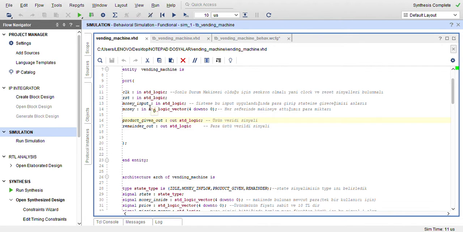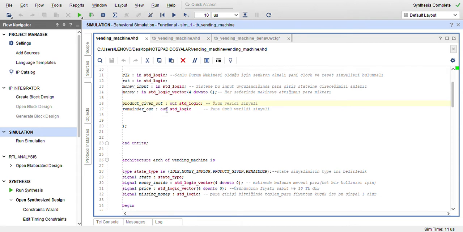At money input, we understand there is a money input case on our vending machine. Money input shows how much money we add to our vending machine.